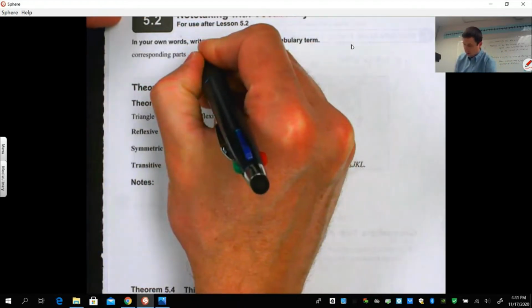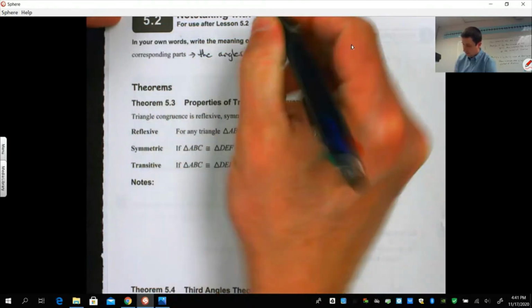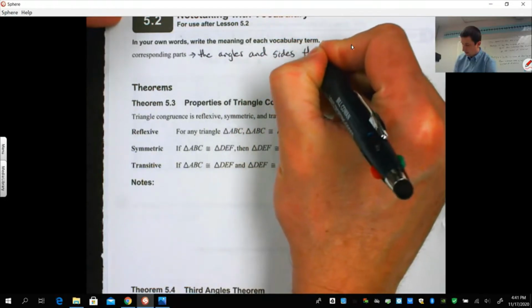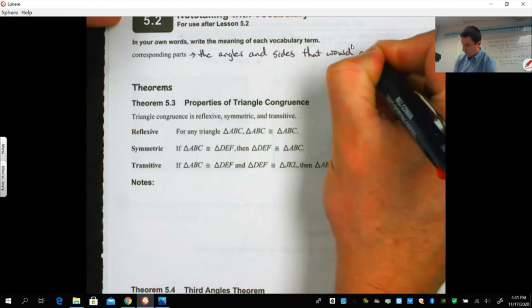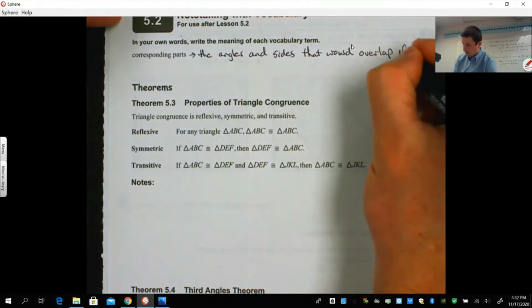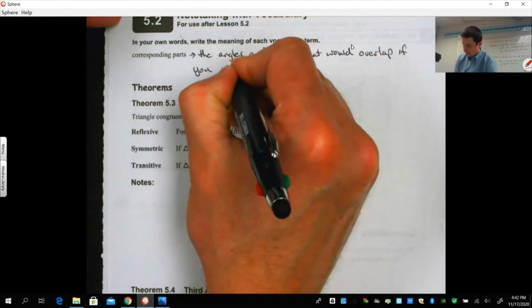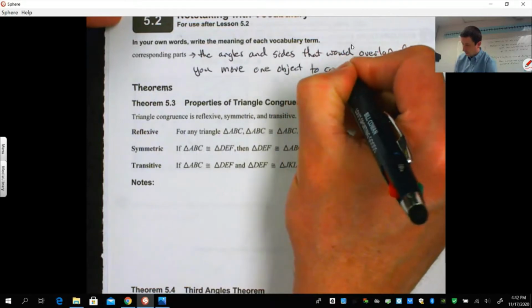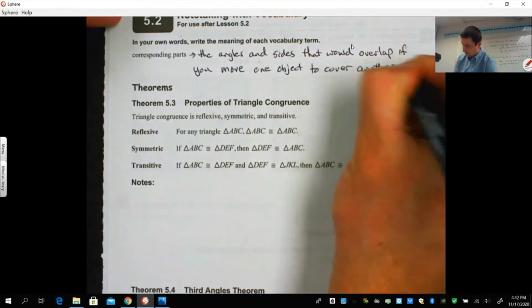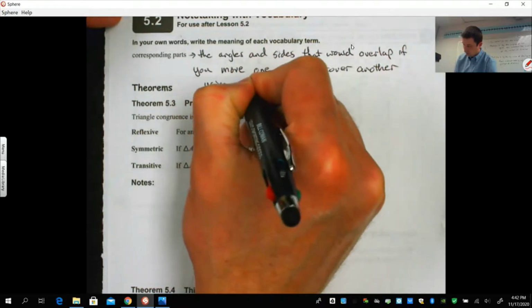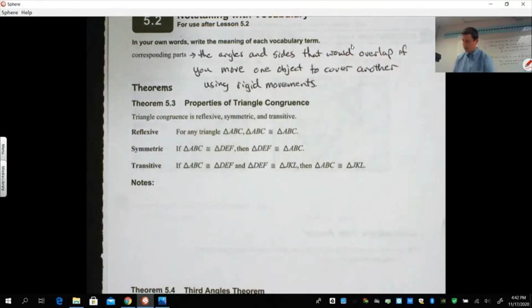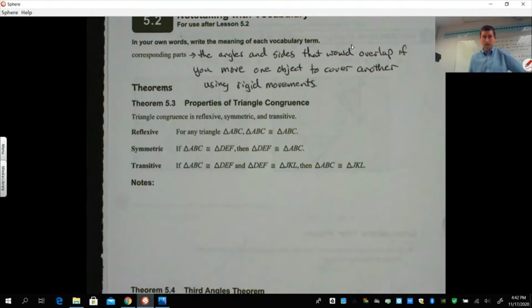Corresponding parts are the angles and sides that would overlap if you moved one object to cover another using rigid movements. So it'd be the angles and sides that would overlap if you move one object to cover another using rigid movements.